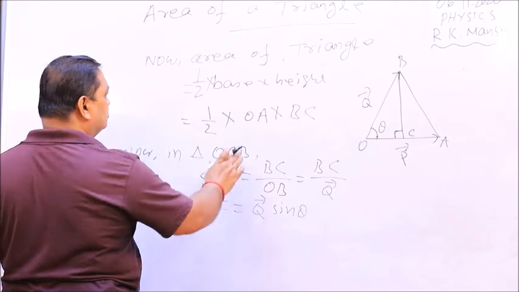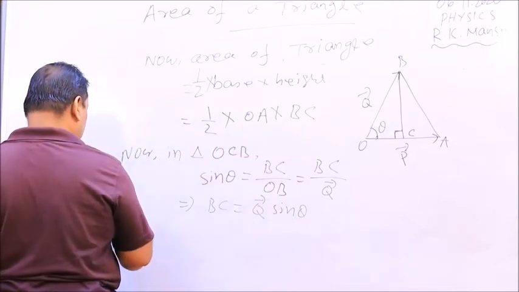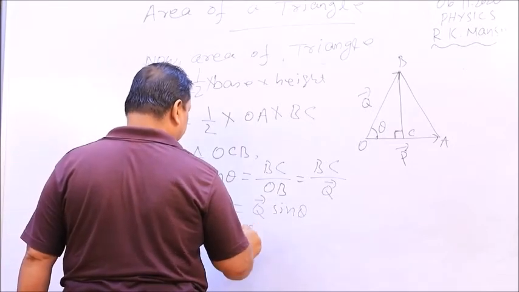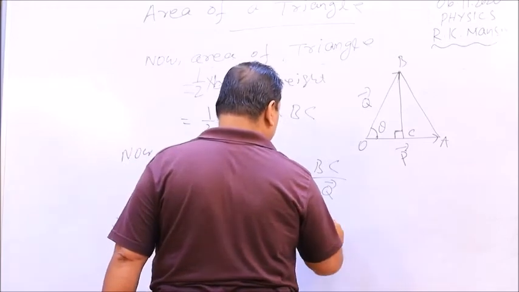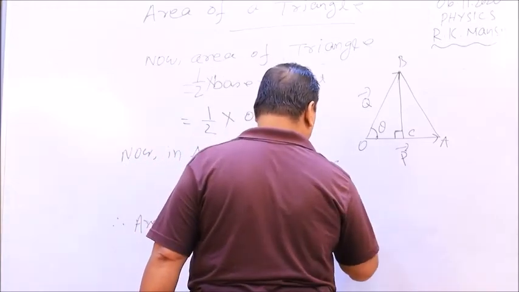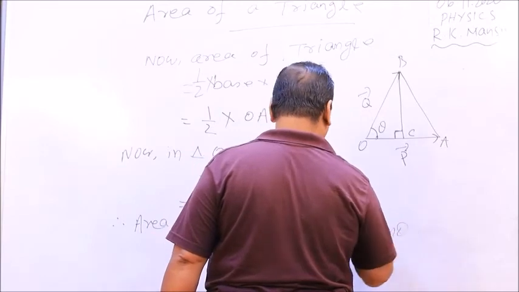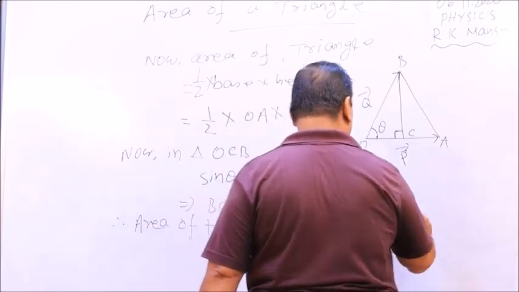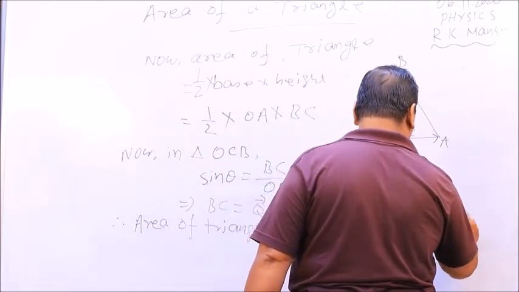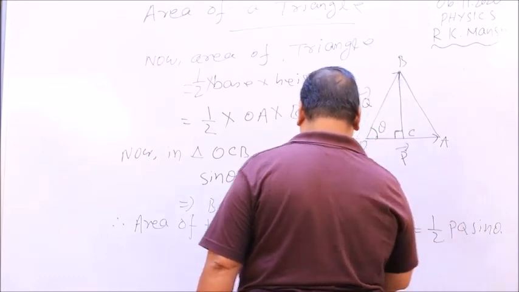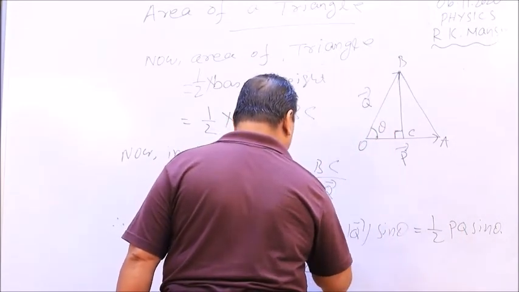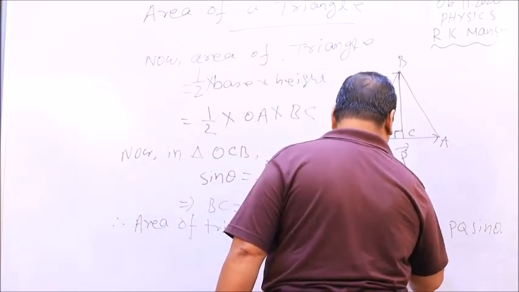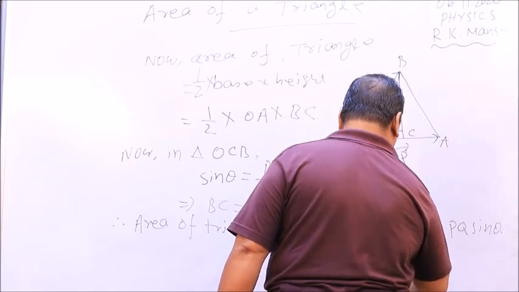So now put the values of OA and BC in this formula. Therefore area of triangle equal to half into magnitude of vector P and Q sin theta, and it will give half PQ sin theta, which is half modulus of A cross B, or modulus of A cross B by 2.